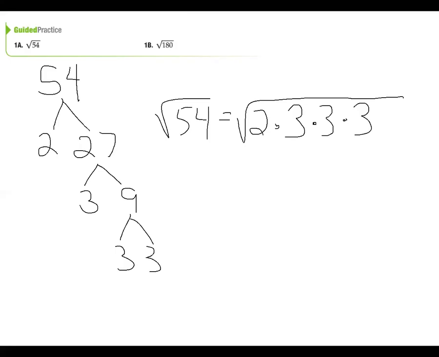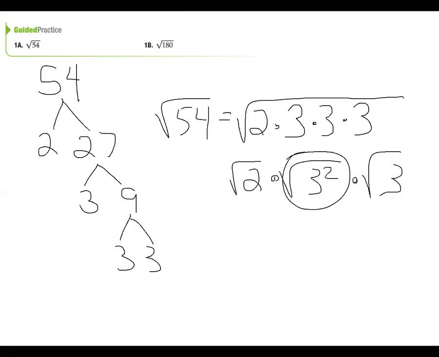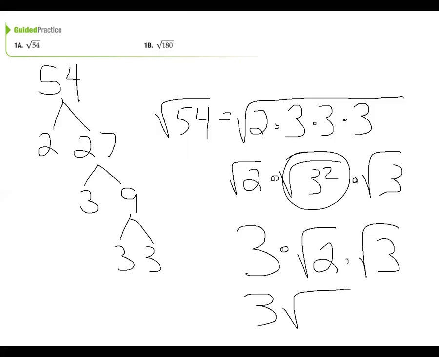Which I can write as the square root of 2 times the square root of 3 squared times the square root of 3. And this square root of 3 squared is really the square root of 9, so that becomes 3 times the square root of 2 times the square root of 3, which would be 3 times the square root of 6. Okay? That's the prime factorization way.